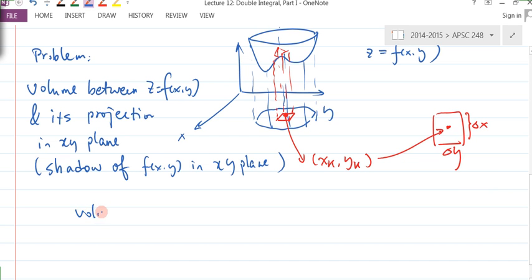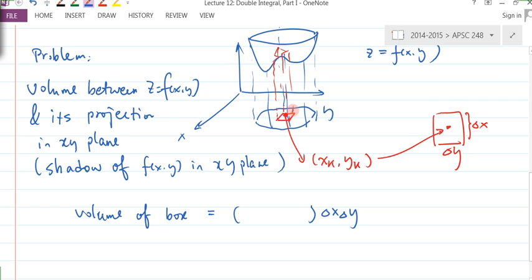The volume of this box is the base area times the height. So the base area is this area, delta x, delta y, times the height. Now, imagine this is a very, very small area.